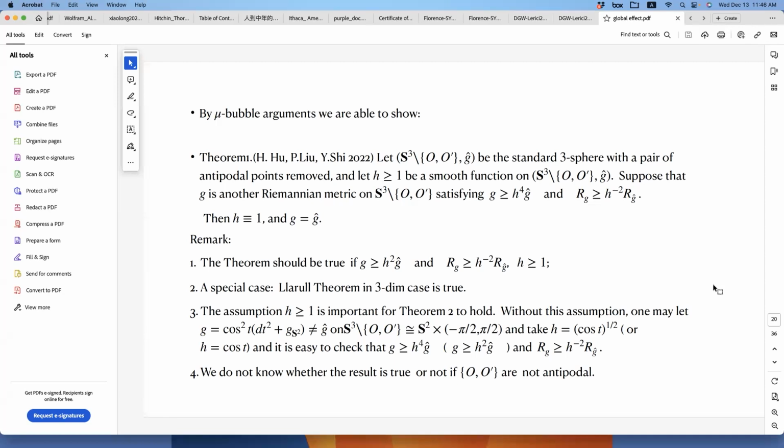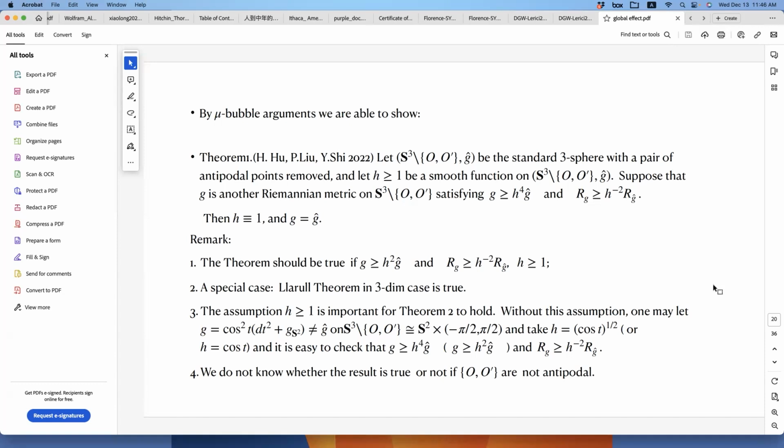Now, here's the remark. The theorem should be true if G is bigger than or equal to H squared times G hat, and the scalar curvature is bigger than H to the power minus 2 times the scalar curvature of G hat, which is the scalar curvature of the standard unit sphere, and H is at least bigger than 1. A special case is the Llarull theorem in the 3-dimensional case.